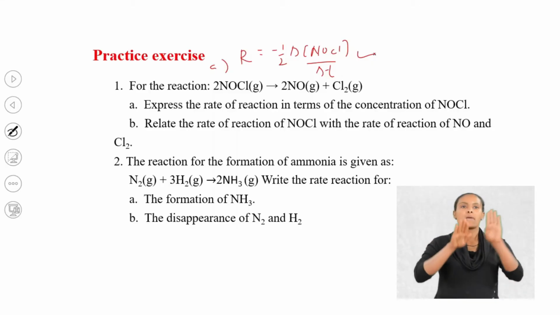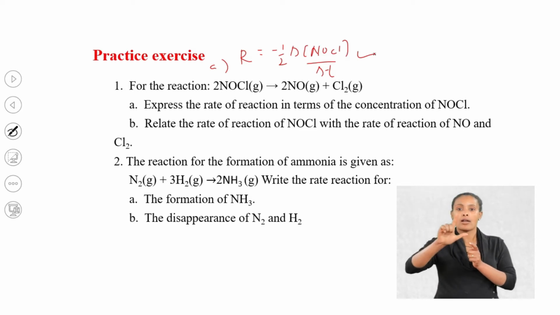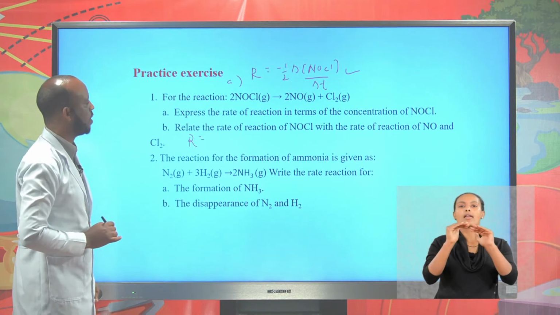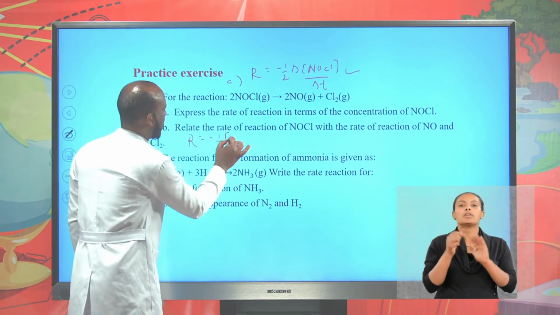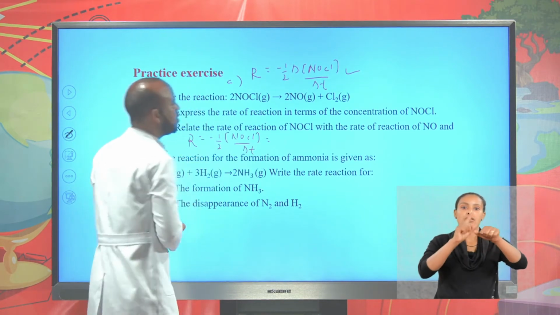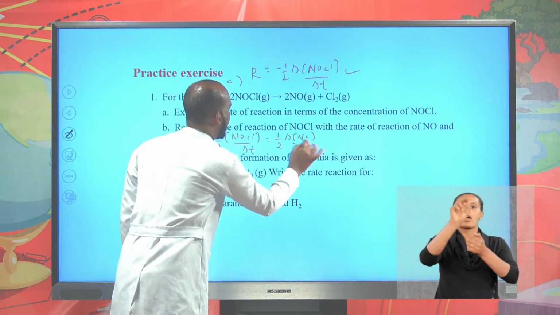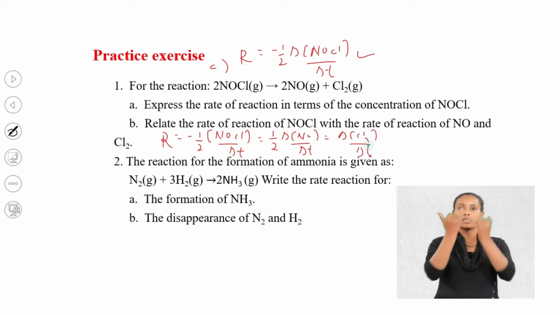(b) Relate the rate of reaction of NOCl with the rate of reaction of NO and Cl2. Rate equals minus 1/2 change in concentration of NOCl divided by change in time, equal to 1/2 change in concentration of NO divided by change in time, equal to change in concentration of Cl2 divided by change in time.